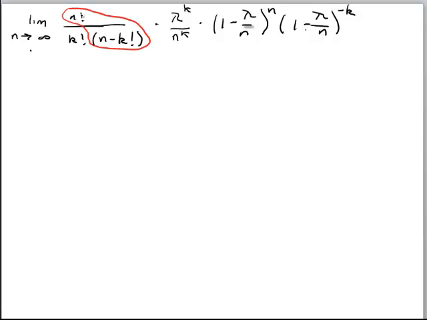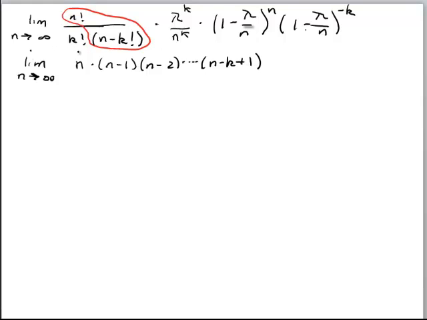Okay, I'm taking this part in red right here, and we're going to write that as the limit as n goes to infinity of n times n minus 1 times n minus 2 times n minus k plus 1.